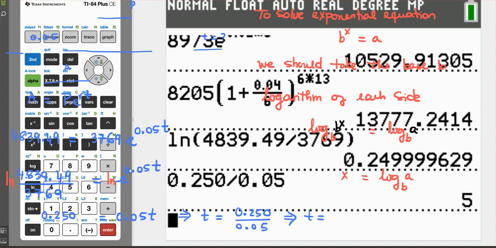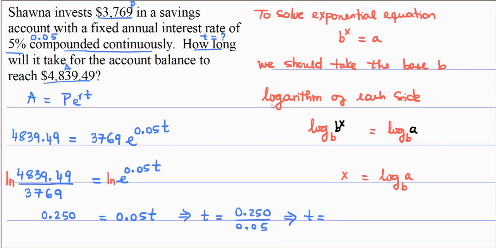That will give us 5 years. So our answer: it will take 5 years for our account to reach $4,839.49.